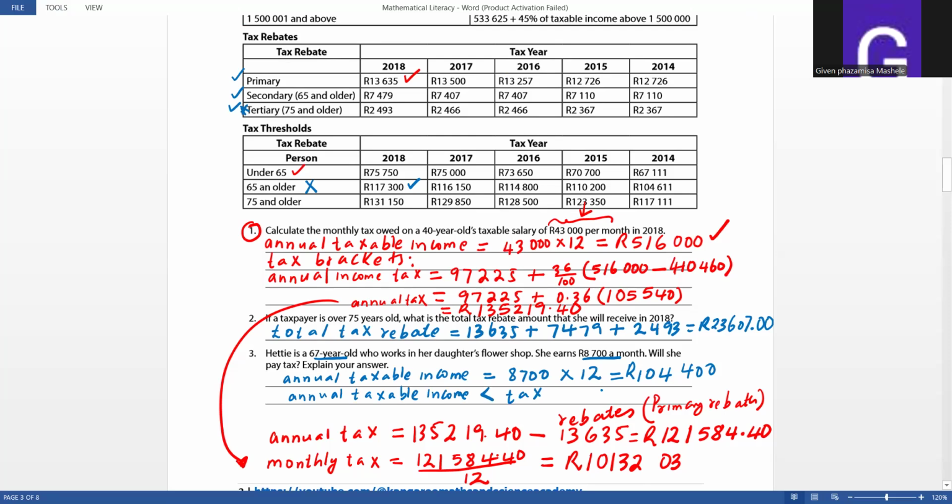It shows that if the tax threshold is 117,300, any person whose income is above this qualifies to pay tax. Already this one does not qualify, because her annual income is less than the tax threshold.